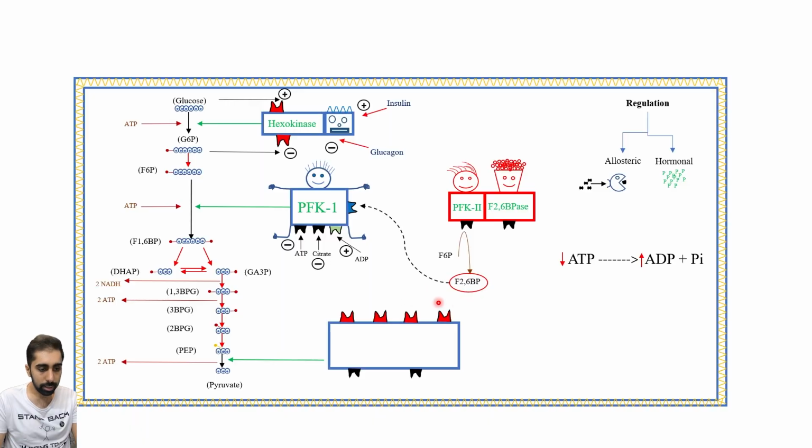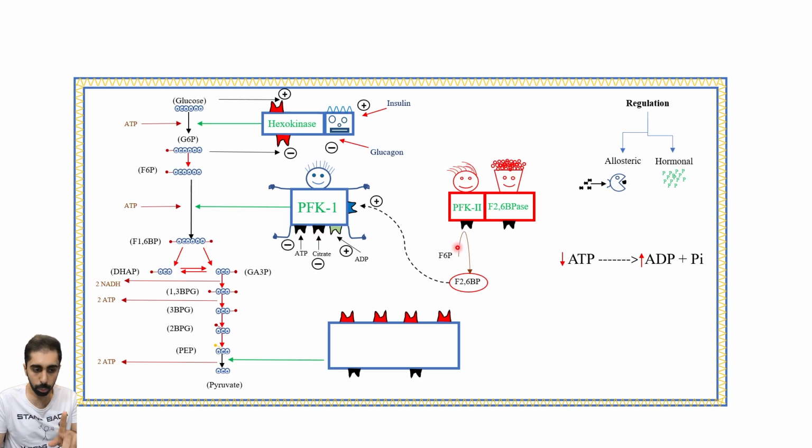The fun fact is fructose 2,6-bisphosphate can stimulate PFK1. In other words, fructose 6-phosphate can indirectly stimulate PFK1. How?